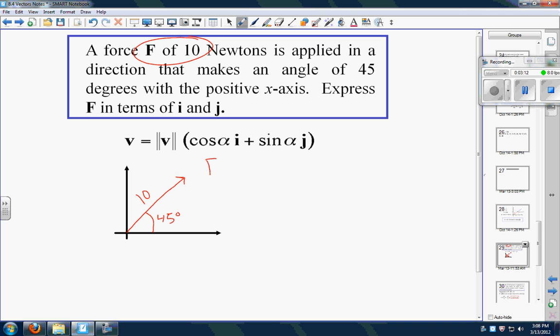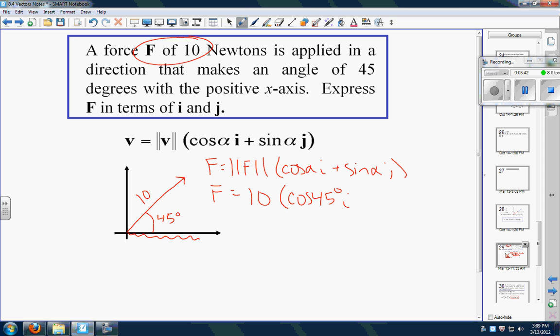So we're just going to say the force vector would be the magnitude times the cosine of alpha i plus the sine of alpha j. We already have the magnitude. We know that's 10 newtons. All we have to do is plug in 45 degrees here in the i component, because that's what that component of the force is.